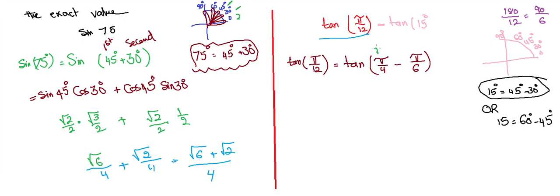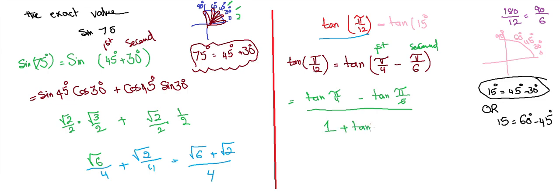This is the first angle, this is the second. Apply now. The rule says tan of pi over 4, which is 45, minus tan of pi over 6, which is 30, over 1 plus tan of pi over 4 times tan of pi over 6.